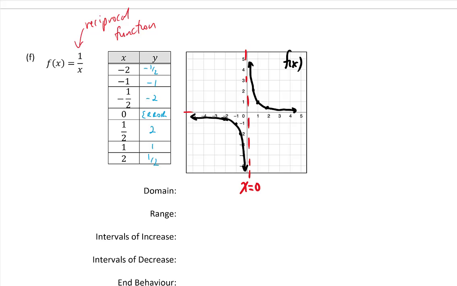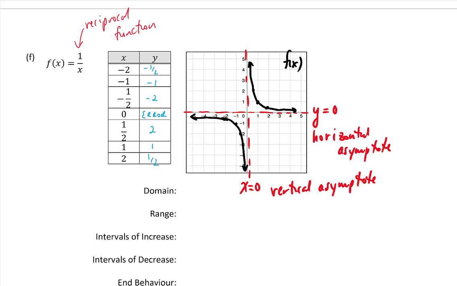We also have the fact that this function is approaching this line y equals 0. And since it's approaching that, we call this our horizontal asymptote. And similarly, we have a vertical asymptote.